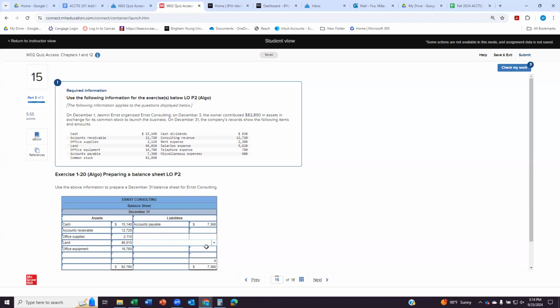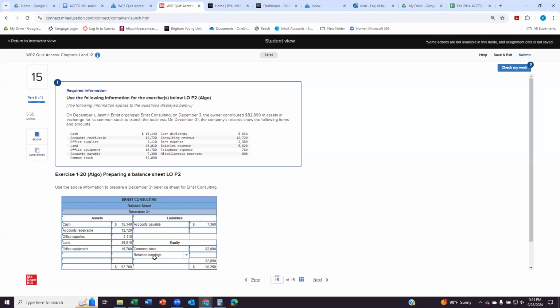And then our equity. And we'll have our common stock, which is the money that the owners have paid into the business. And that one is 82,890. We'll have our retained earnings. Remember, that was the net income minus the dividends.